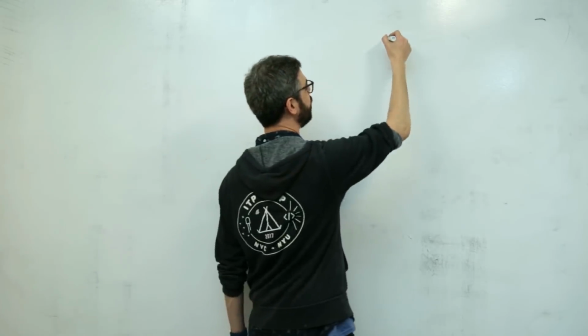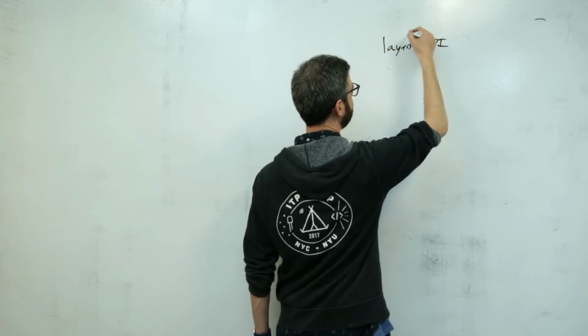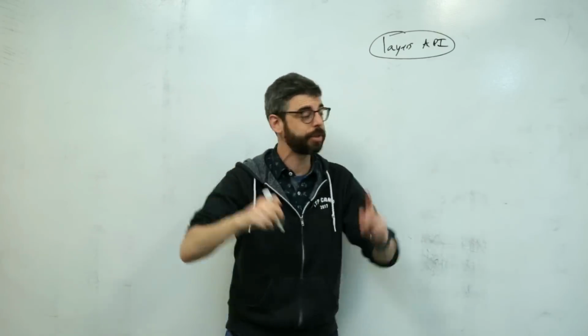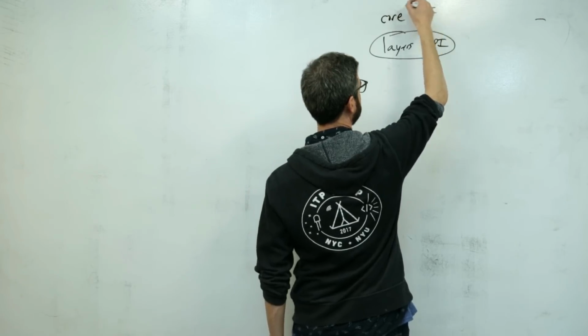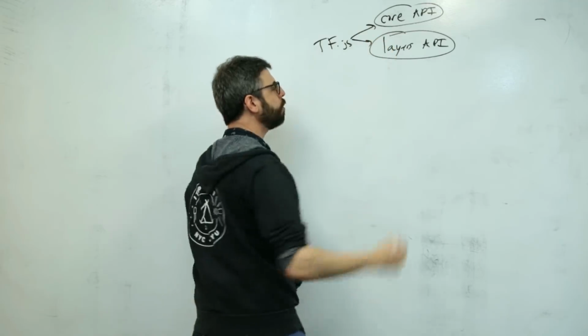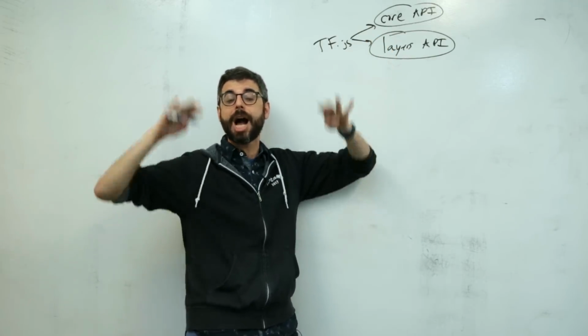Ultimately, I'm going to start using something called the Layers API, which is built on top of, which is part of TensorFlow.js. So there's core TensorFlow.js. Ultimately, for projects that I'm going to make, I'm going to use the Layers API, which is a higher level abstraction.